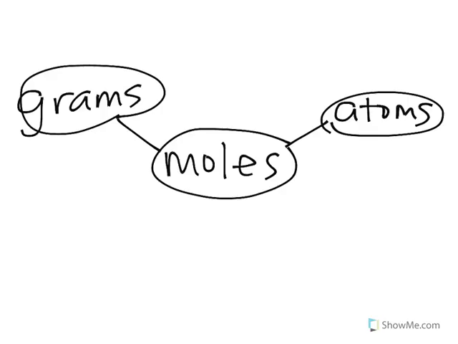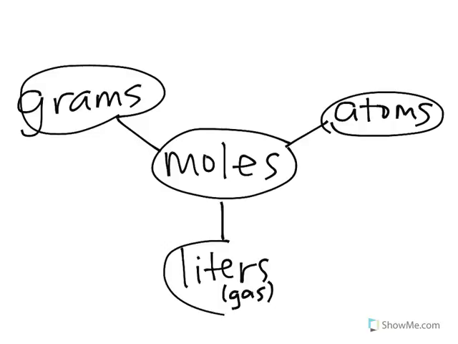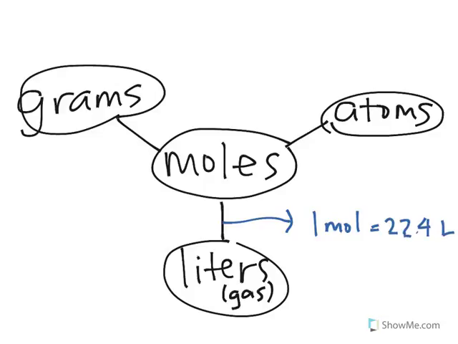So to your mole map, I want you to add another circle coming from moles that says liters. And remember, that's just for gases, so liters of a gas. Now, the conversion factor that you're going to use along this bridge is that 1 mole is equal to 22.4 liters.